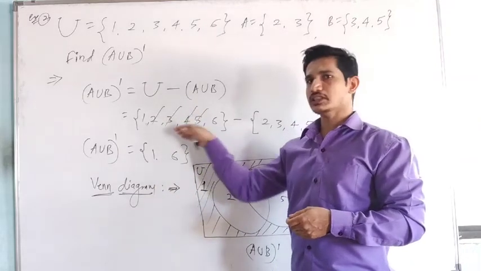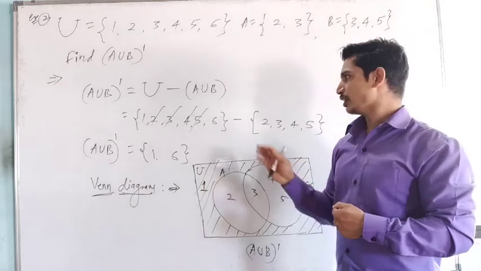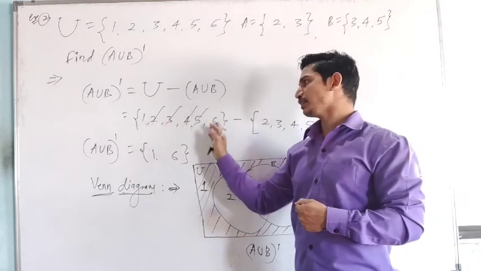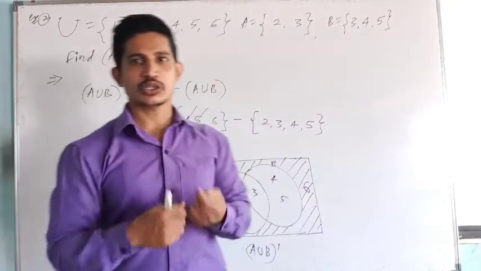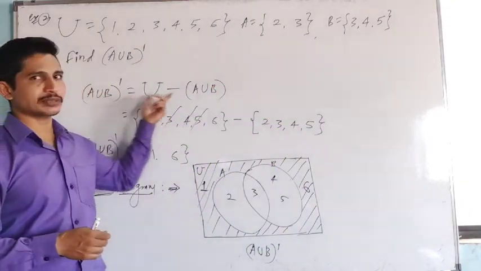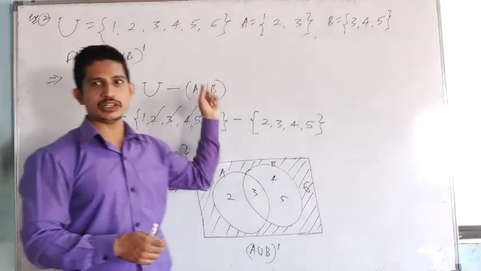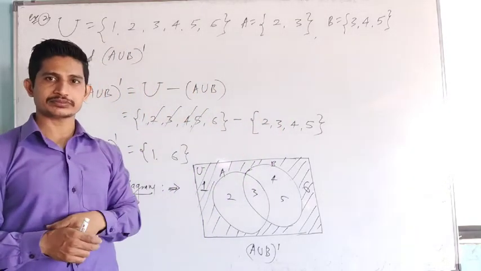From the universal set, we leave these elements of A union B, and the remaining elements are 1 and 6. So this is how to find (A union B) dash: from the universal set, subtract A union B, the combination of A and B.